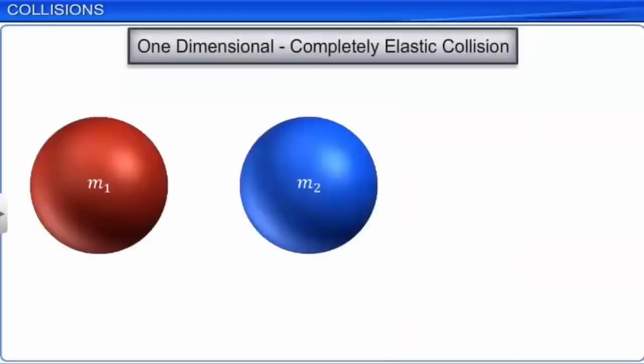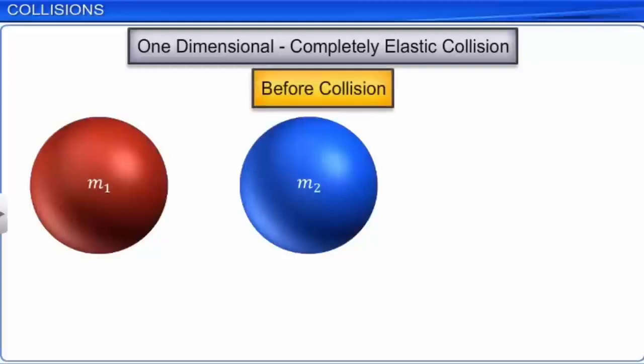Consider a head-on collision, that is, one in which the velocities of the bodies before and after the collision are along the same straight line. The mass of the first body is m1 and is moving towards the right with velocity u1. The mass of the second body is m2 and is also moving towards the right with velocity u2, such that the two bodies are moving along the same straight line.